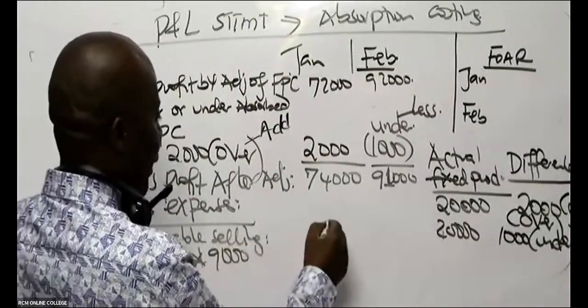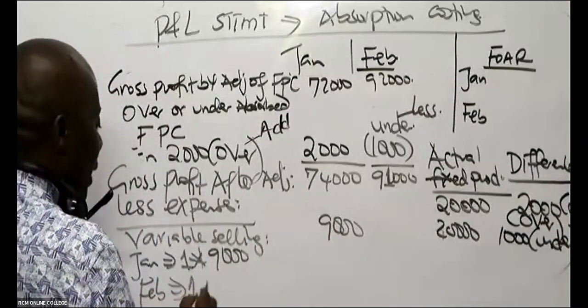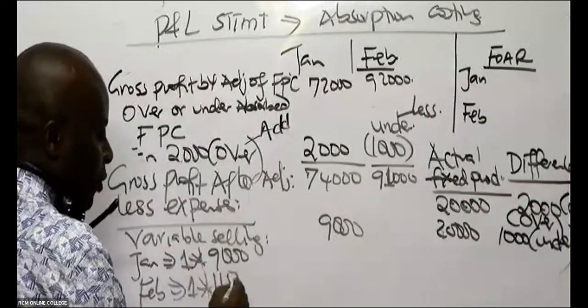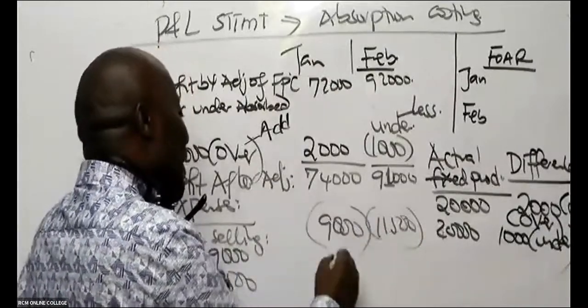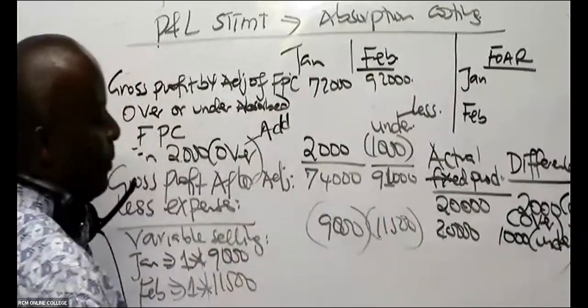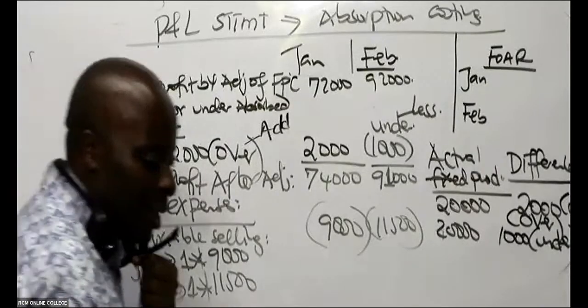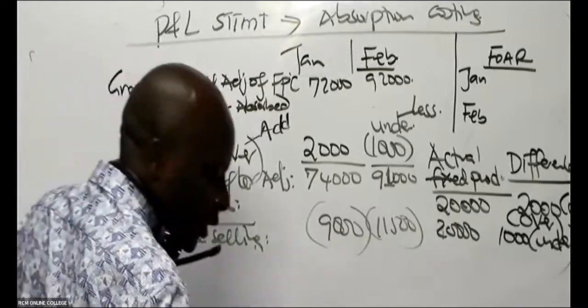So then this will give me 9,000, isn't it? And then February, it will be still 1 times how many units do we sell in February? 11,500, which gives me 11,500. These are expenses. Don't again start arguing like, should I subtract? Expenses are always subtracted. After that, we have our fixed selling.